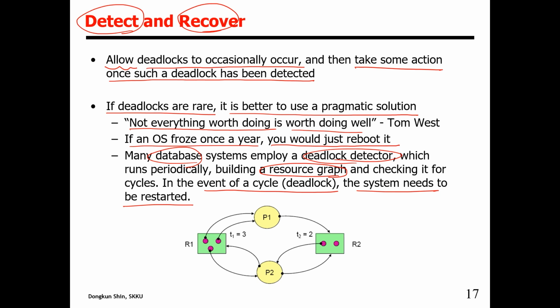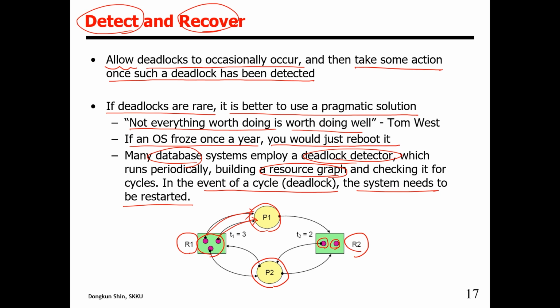So this figure shows the deadlock resource allocation graph. There are two processes, and there are two resource types R1 and R2, with two items in R2 and three resources in R1.